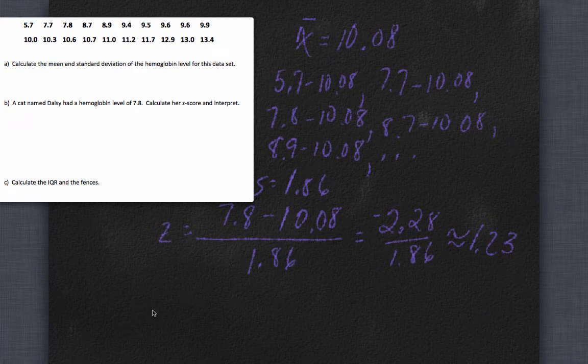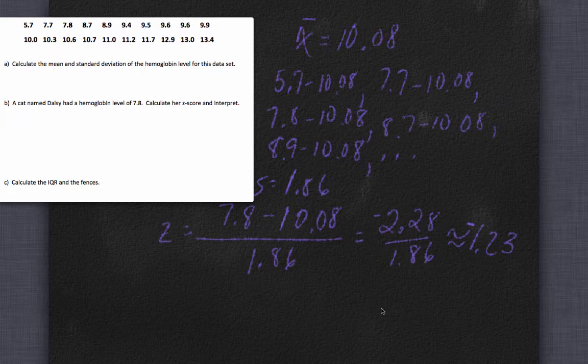Okay, so that means that Daisy is 1.23 standard deviations below the mean, which is in a reasonable range, because remember, basically all values are between -3 and 3 standard deviations. 2/3 are between -1 and 1, but there's still quite a few cats outside -1 to 1.